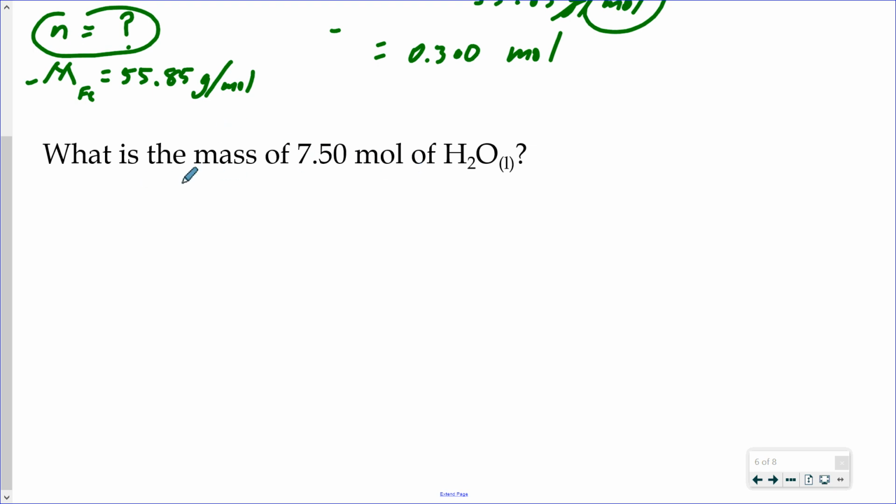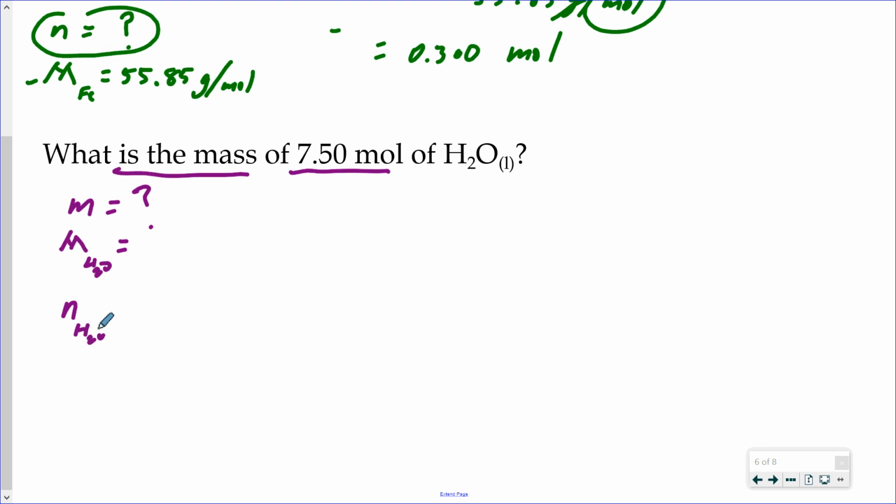So read carefully, what is the mass? That's what you're trying to find. We have this many moles. So our moles, and I'm just going to put again here H2O just so we know what it is. Moles, oh sorry, that's the molar mass. Let's do it this way and we'll come back to that.